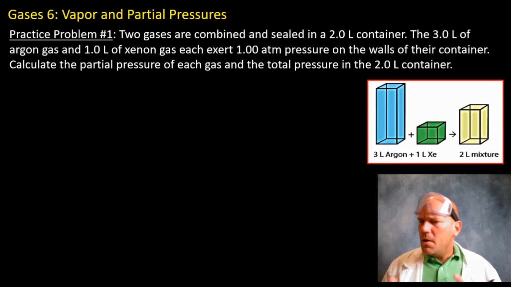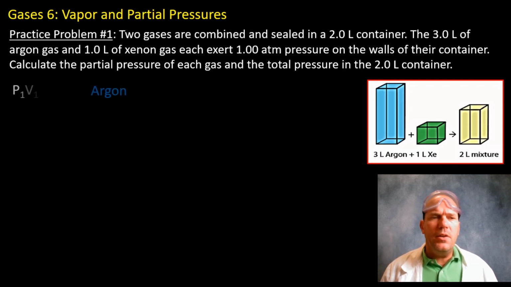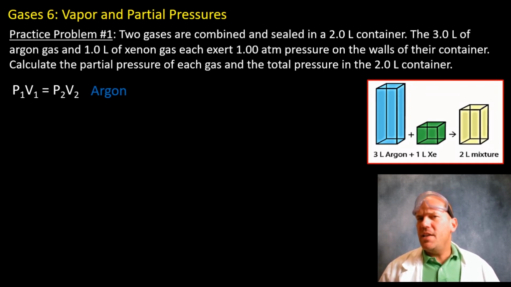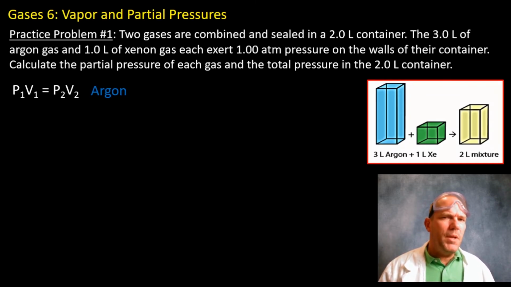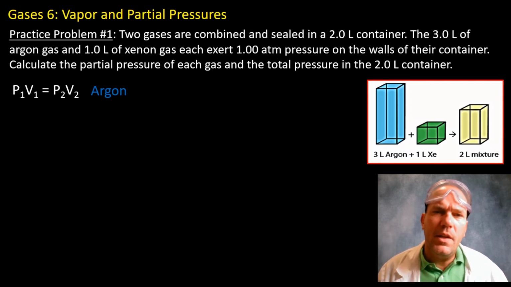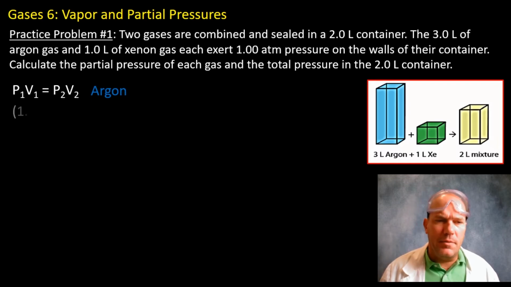We have pressure and we have volume. And so what we could look at here would be Boyle's law. And this is that inverse relationship that compares pressure and volume. Let's first start by looking at argon.